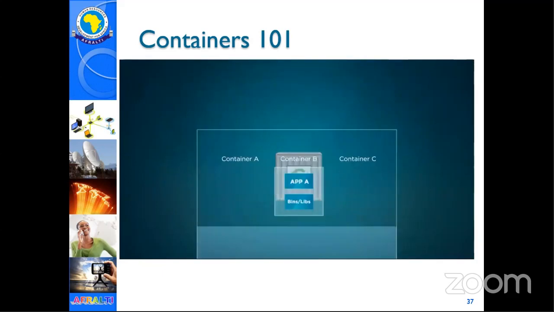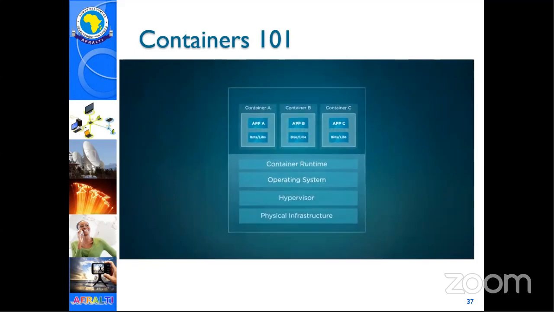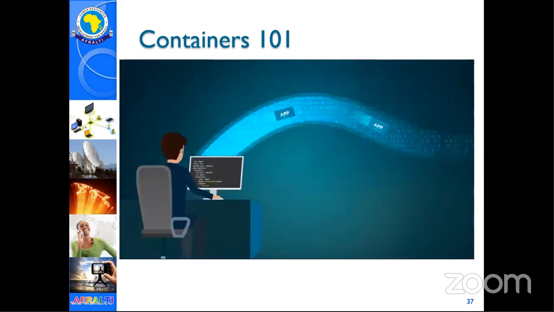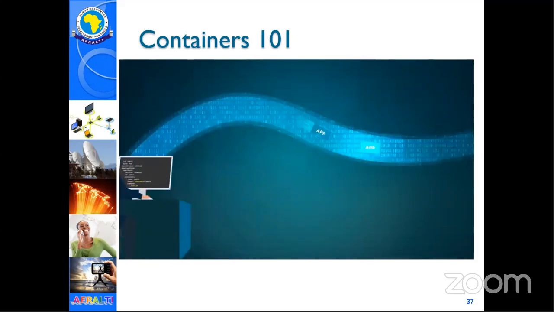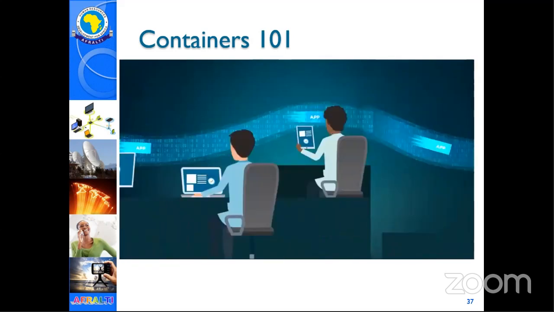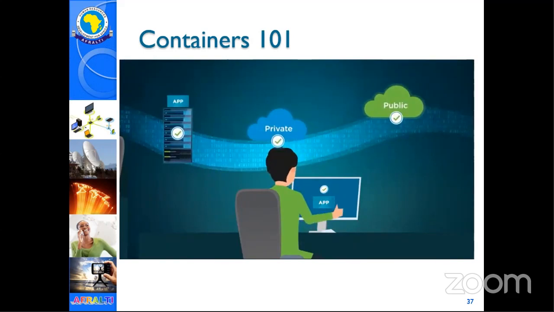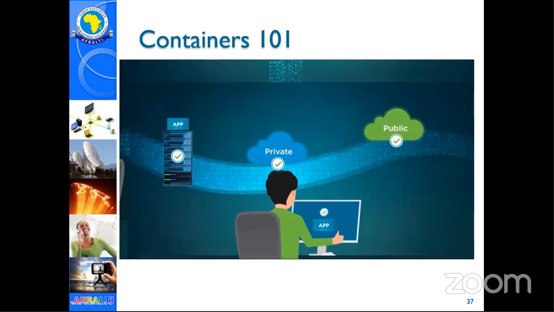And multiple containers can be deployed on a single OS and share the same OS kernel. By containerizing the application and its dependencies, differences in OS and underlying infrastructure are abstracted away. Now, you can move your application easily from a developer's laptop to a testing environment, from a staging environment into a production environment, or from a physical machine to a VM in a private or public cloud, and always know that your application will work just right.